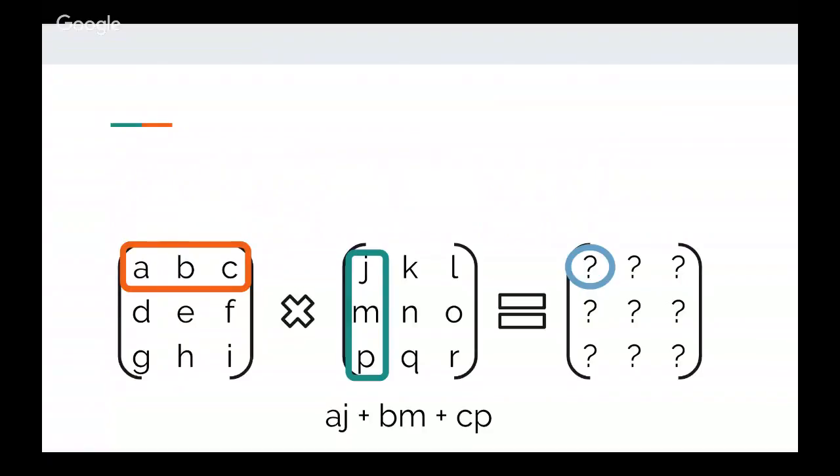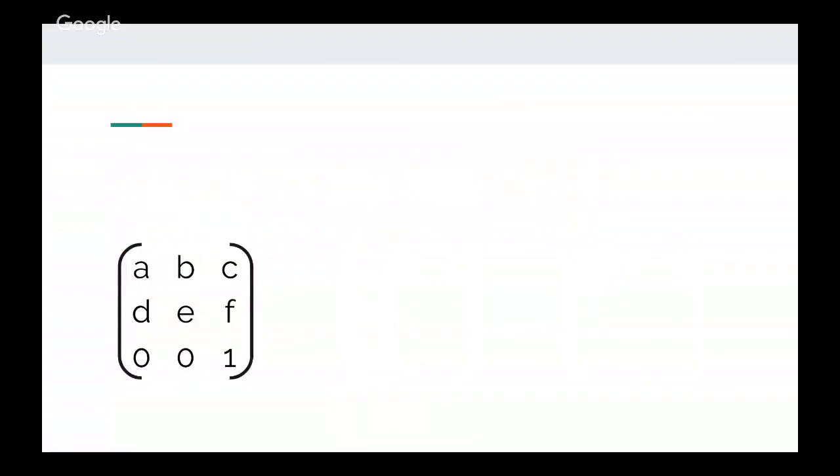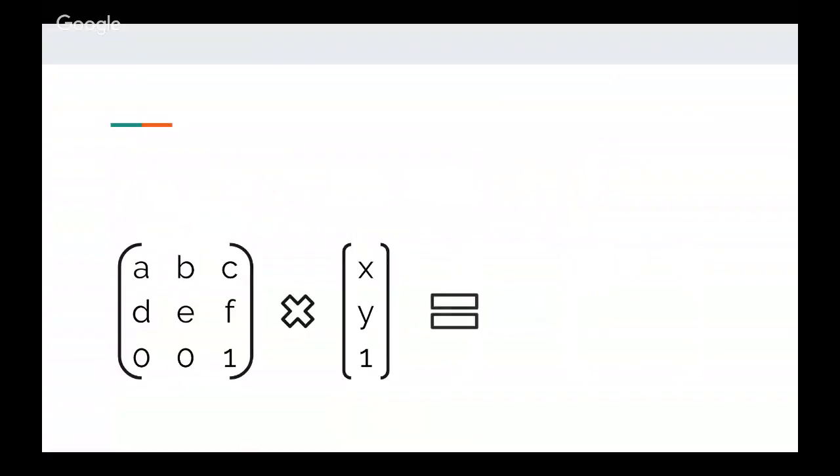And why are they useful? Well, if we have a matrix that has some values A, B, C, D, E, F, and then 0, 0, 1, and we have some two-dimensional vertex, X, Y, and 1, the reason for the 0, 0, 1 and the 1 is just reasons. But what we end up having is a new vertex.